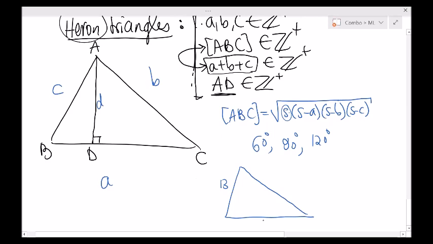The 14 was this one, and then the 15 here. And what was the altitude in this triangle? Yes, the area of this triangle is 84, which is an integer. Obviously, the perimeter is an integer, 42. And finally, the altitude is an integer as well. So it perfectly works for us.